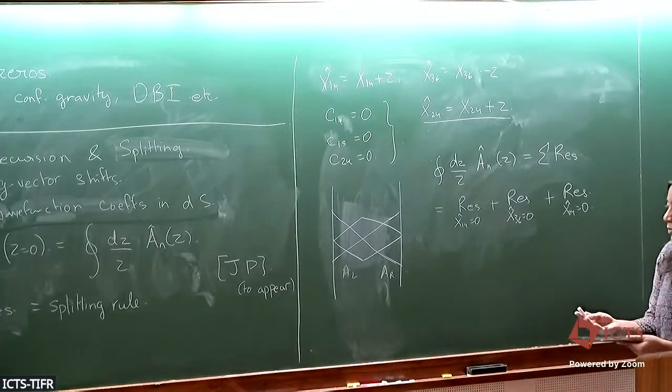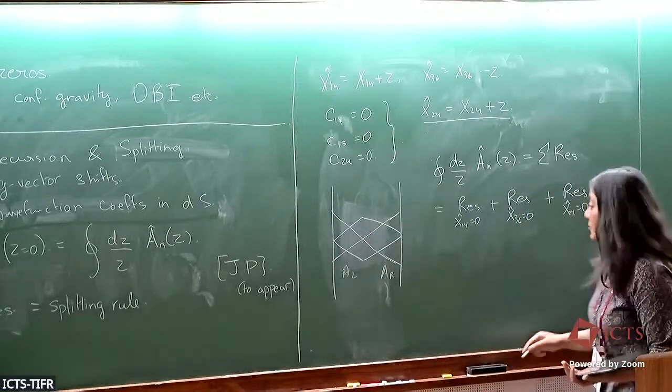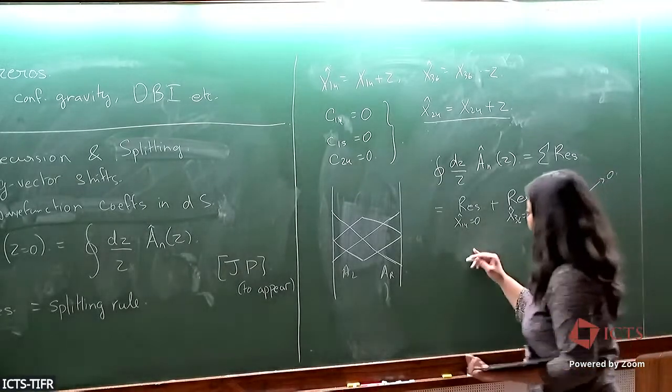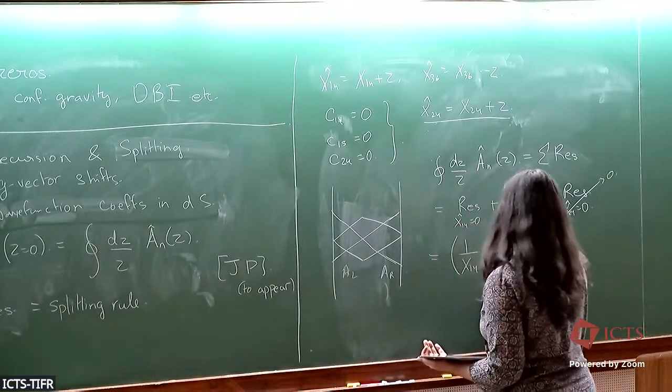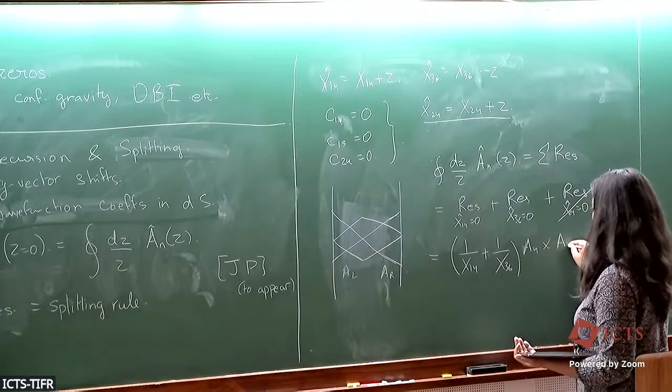And basically what we found is that your zero region always overlaps your subamplitudes in a way that this vanishes. So all you get is these two, and these two perfectly reorganize themselves into exactly the splitting rule that you would like.